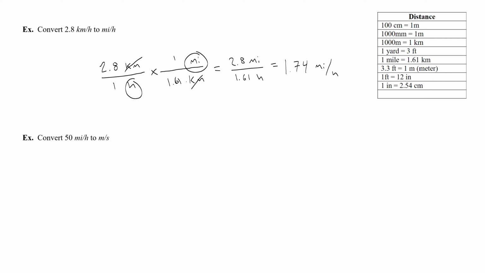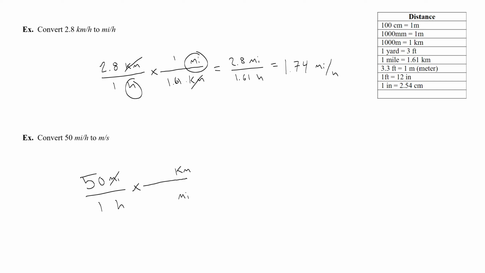All right, now let's convert 50 miles an hour, which I'm going to write as 50 miles over 1 hour, to meters per second. Okay, in this I'm going to have to do a similar conversion to what we just did, where I'm going to put miles on bottom, and you know what, let's go to kilometers first.